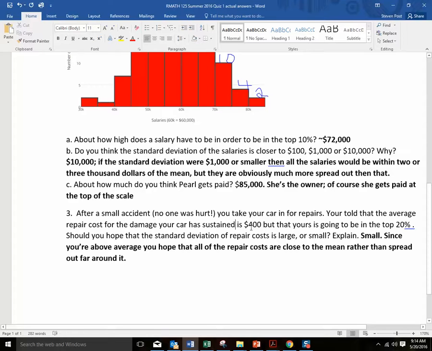If you're going to be above the average, then you want to be as close to the average as possible. So you would want the standard deviation to be small, so that even being 1 or 2 standard deviations away from the mean wouldn't make your actual cost too high. If the repair costs were way spread out, if the standard deviation was really large, then you could end up paying a lot of money.